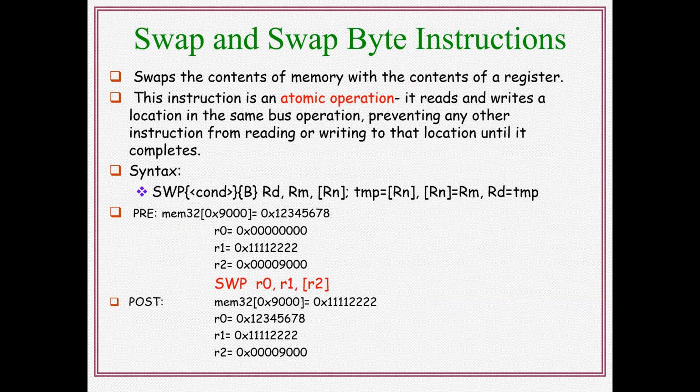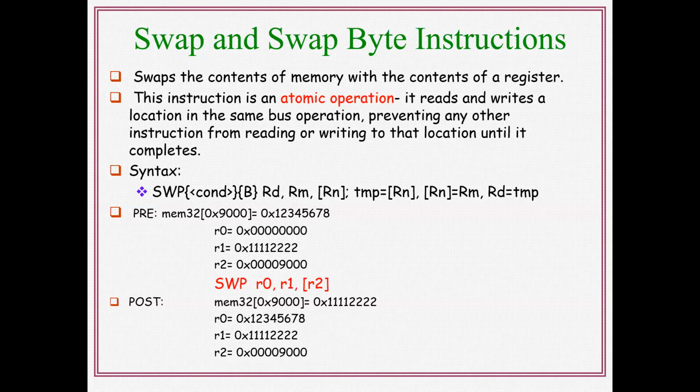And the last one is the swap and swap byte instructions. It swaps the contents of memory with the contents of a register. Already we discussed that memory to memory data transfer is not possible, so we need a swap operation. This instruction is an atomic operation.